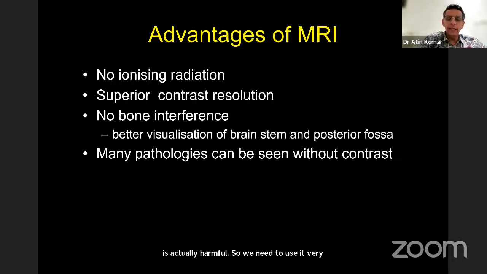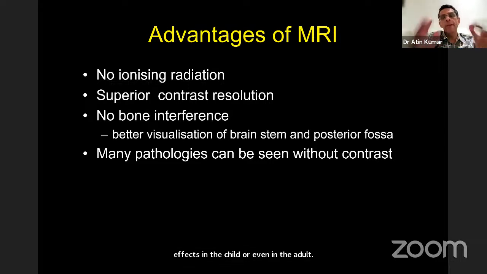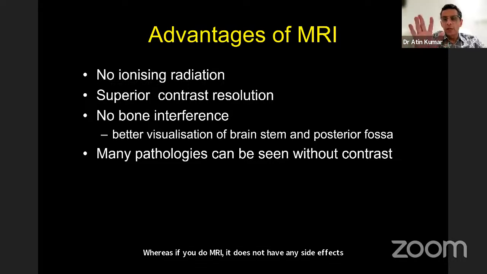It's not to say that one CT scan can lead to significant harmful effects, but if used multiple times over and over again, a cumulative radiation dose can lead to harmful effects in the child or even in an adult. Whereas if you do MRI, it practically does not have any side effects, especially if you're not using contrast. The only disadvantage of MRI is that it requires time to get those images.